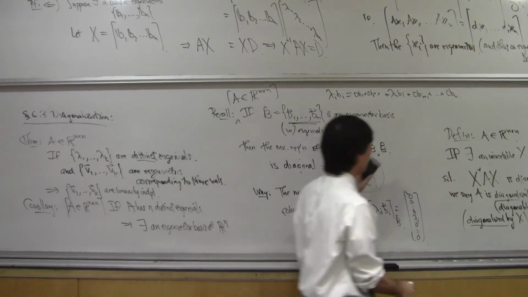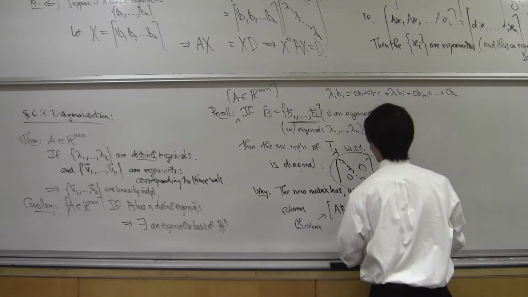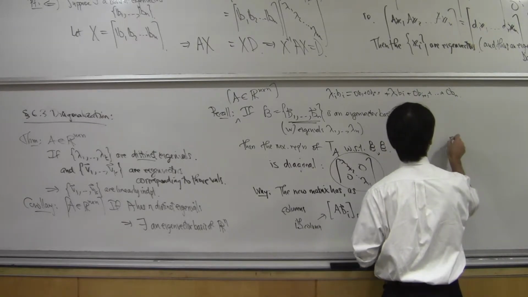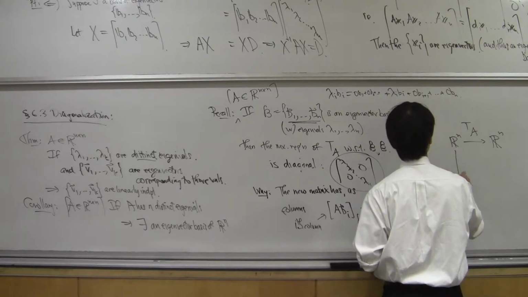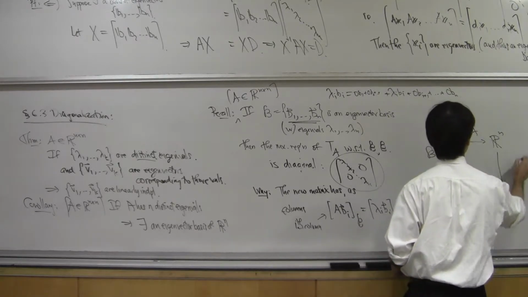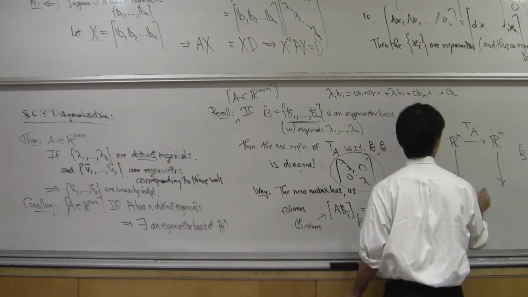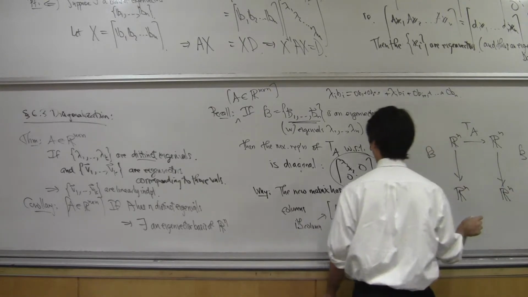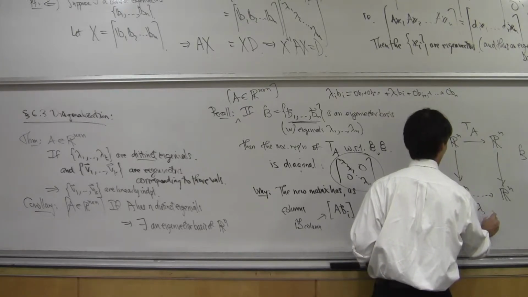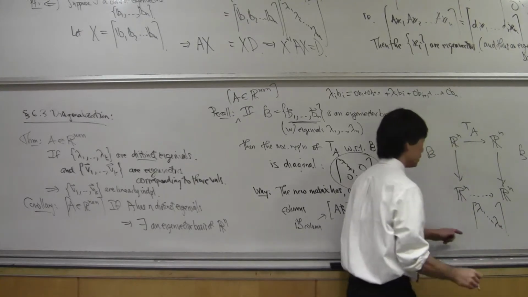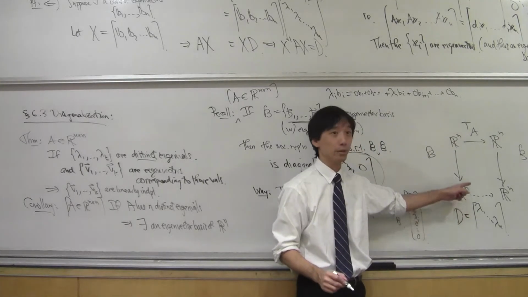Back here, in the matrix representation way of thinking, we're going from Rn to Rn. We have T sub A here. We use B to get the coordinate vector maps to Rn here, and then we get this diagonal matrix. The matrix representation turns out to be this diagonal guy.